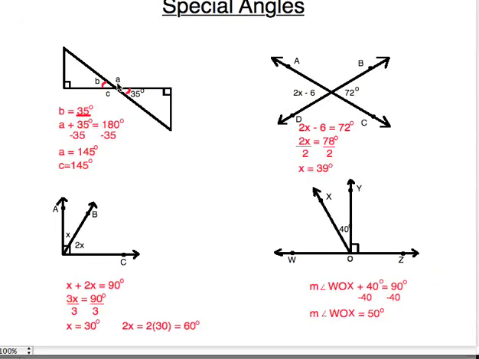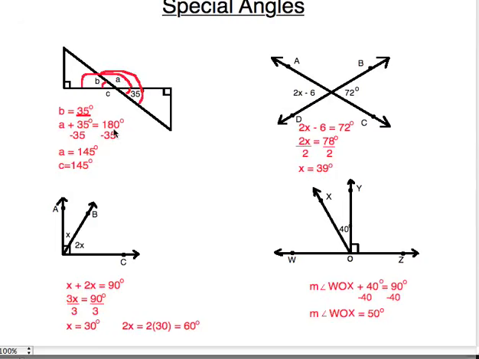Angle A forms a linear pair with the 35 degree angle right there. And if you want, you can use these two because they also form a straight line, and we already know that B is 35. Either way you look at it, angle A plus 35 degrees equals 180 because they're a linear pair and they're supplementary.